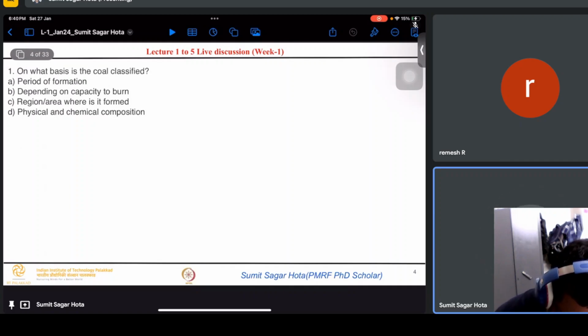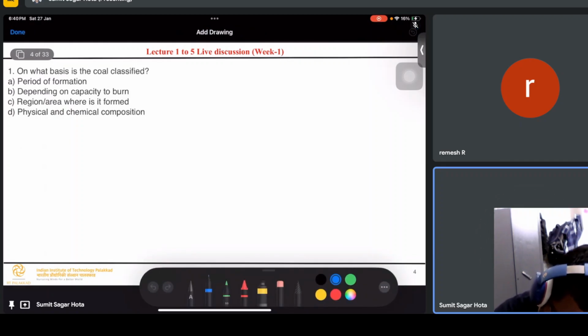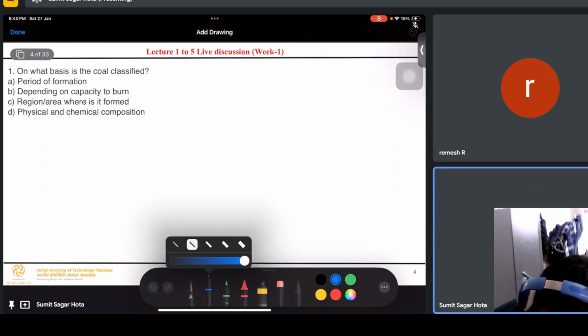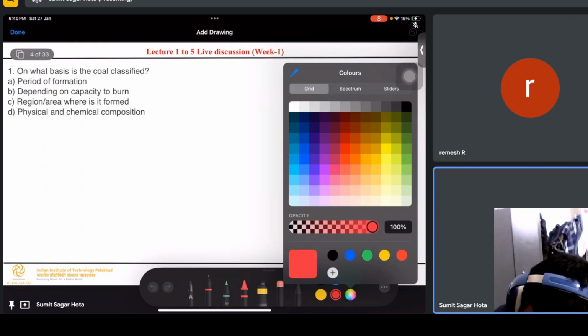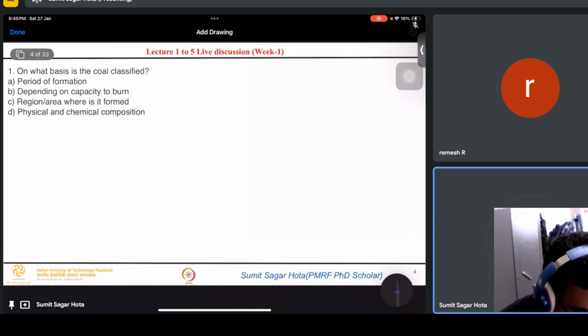Okay, the first question is, on what basis is the coal classified? The answer will be physical and chemical compositions.